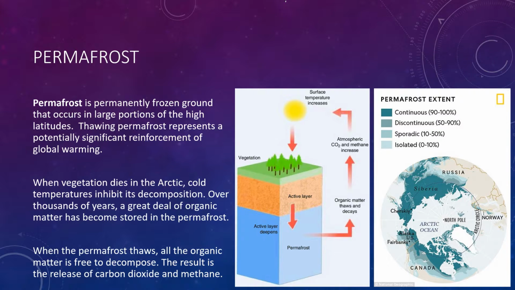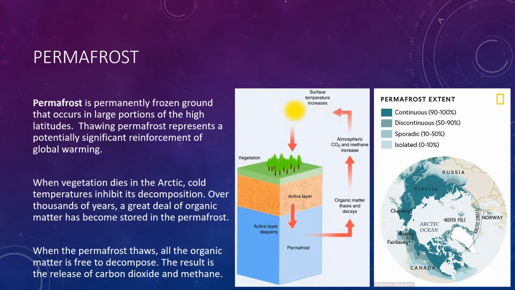Thawing permafrost represents a potentially significant positive feedback mechanism that may reinforce global warming. When vegetation dies in the Arctic, cold temperatures inhibit its decomposition. As a consequence, over thousands of years, a great deal of organic matter has become stored in the permafrost.